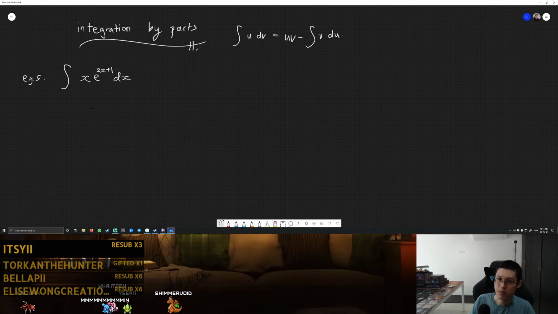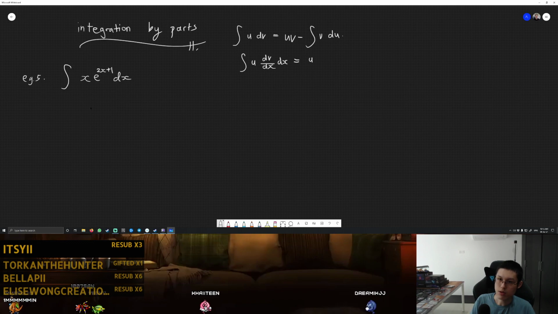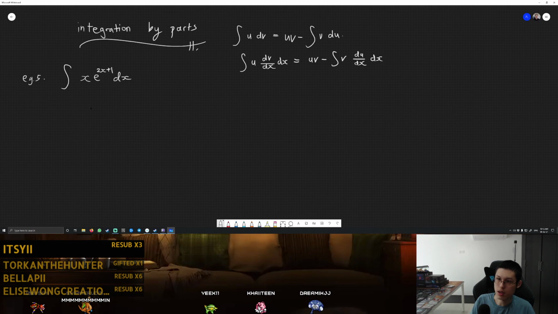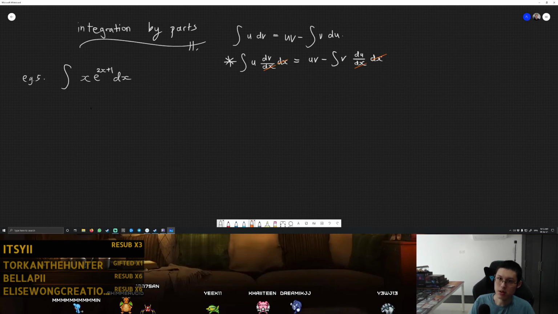The dv here is actually a short form for dv over dx, and there's actually a dx here as well. Let me just rewrite this. So this actually means u dv/dx dx equals uv minus v du/dx dx. Typically in the textbook they would cancel these and just give you this form here.